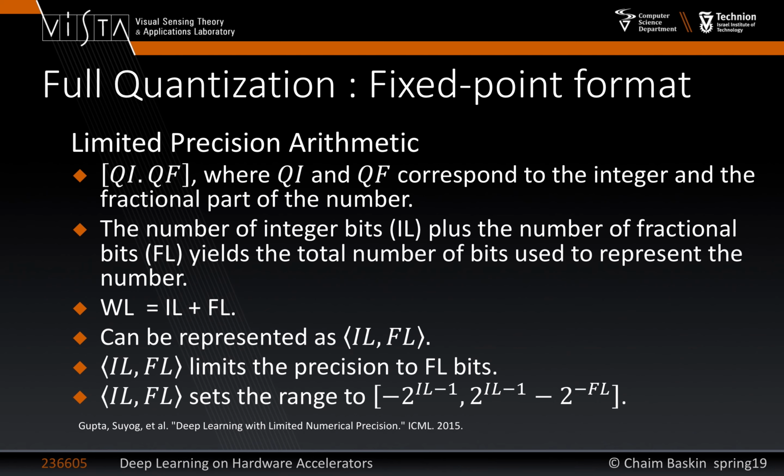And very low precision is binary. Binary is the extreme case of quantization, binarization, where you represent your parameter with 1 bit. From 32 bits to 1 bit, it's mixed precision or quantized precision.